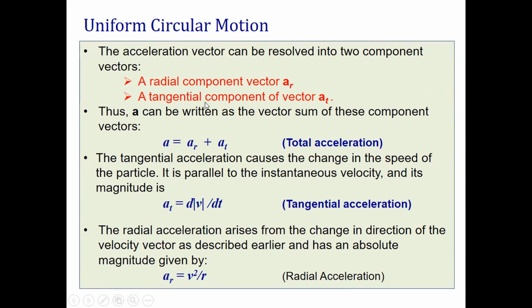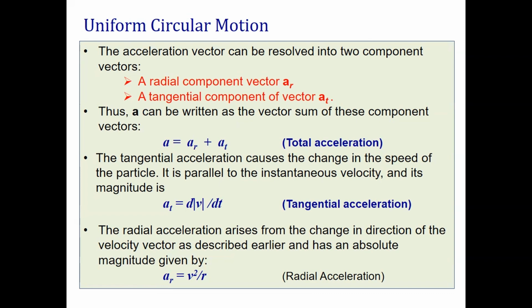In a circular motion, the acceleration vector can be resolved into two components. One is a radial component vector a_R, and the other is a tangential component a_T. So acceleration can be written as a vector sum of these two vectors, the radial component plus the tangential component. Keep in view that the tangential acceleration is caused by the change in the speed of the particle.